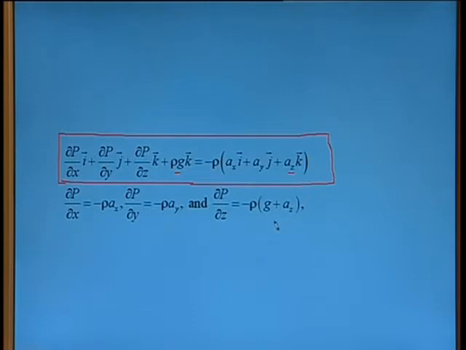So if we have a container filled with fluid subjected to acceleration in 3 Cartesian coordinates represented by ax, ay, az, then we have these pressure gradients in x, y, z. It means that a pressure gradient exists in x direction, in y direction, and in z direction.